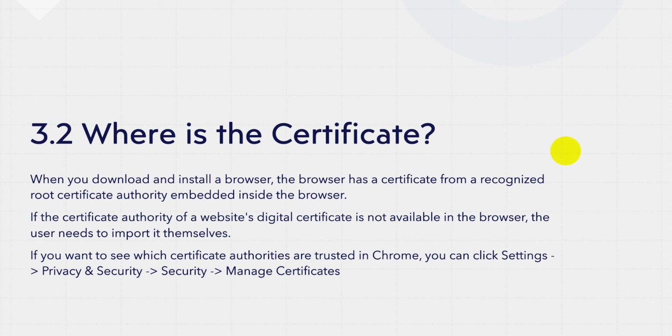That would be a bit more complicated. They would need to make sure that the certificate authority is reliable and then import it. But it's possible to do too. And you can check out all of the certificate authorities in Chrome by going into the path we did already: Settings, Privacy and security, Security, Manage certificates, and then you can look at all of them.